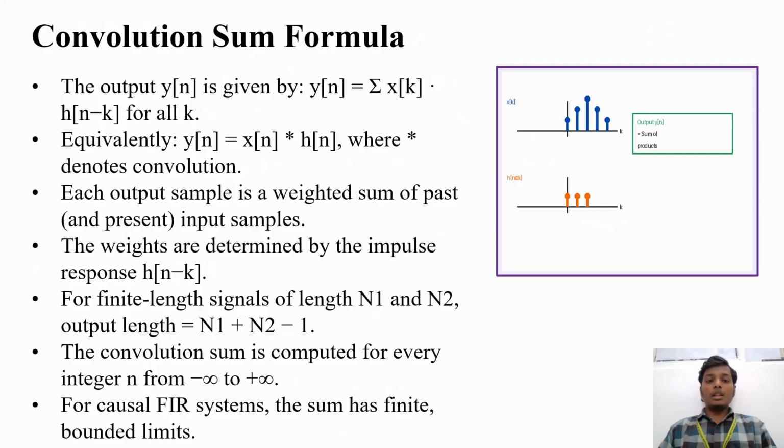The weights are determined by the impulse response h[n minus k]. For finite length signals of length N1 and N2, the output length is N1 plus N2 minus 1. The convolution sum is computed for every integer n from minus infinity to plus infinity.